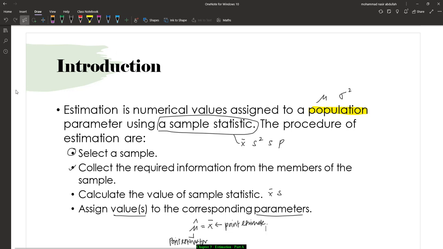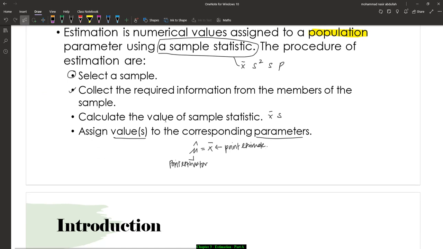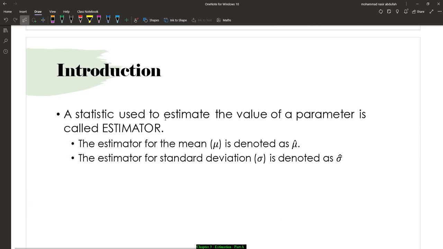The point estimator is the symbol for the parameter, and a statistic is used to estimate it. Just to make it clear, a statistic is a numerical summary taken from a sample. If you forgot the definition, a statistic is a numerical measure calculated from a sample. A statistic used to estimate the value of a parameter is what we call an estimator.